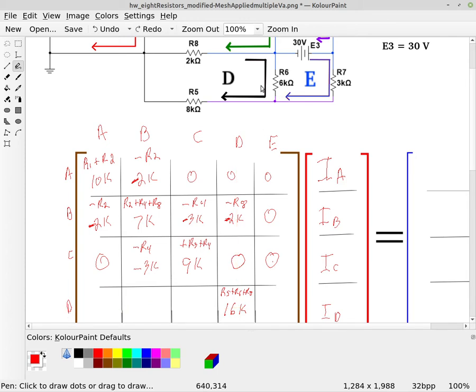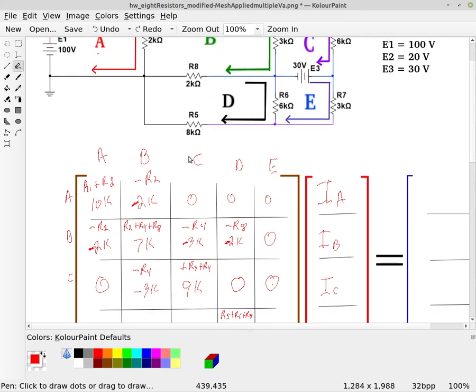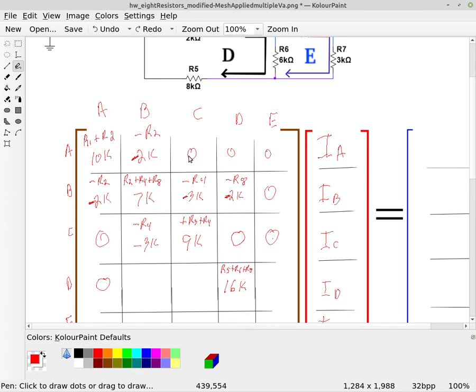Now we see that D touches A only at that point, so DA gets a 0. B and D touch at R8, so that's going to be a minus R8 here, which is a minus 2K.